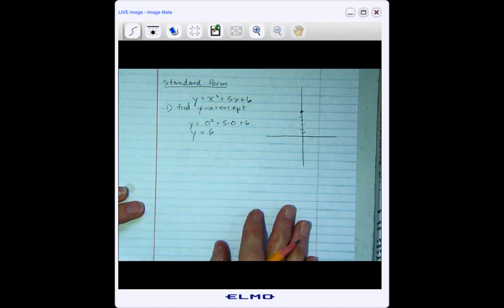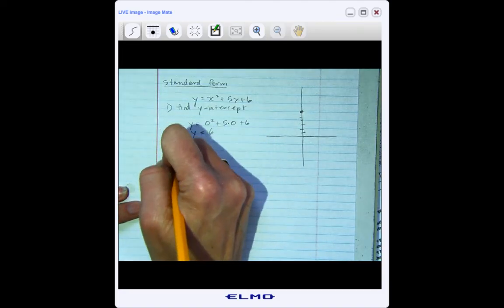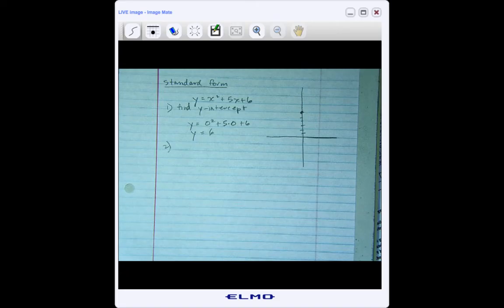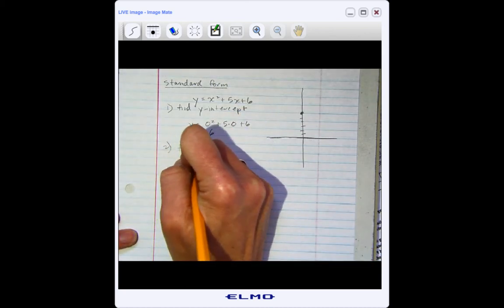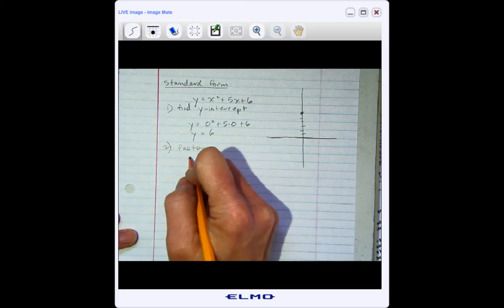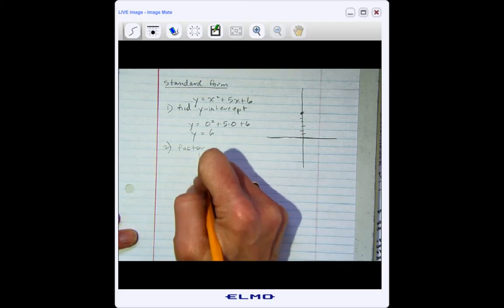Okay, all right, so next I want to try and find my x-intercepts. And if it's in standard form, the only way that we can get the x-intercepts, well, I shouldn't say only way. One way that we might want to try first is to try and factor, because then I can get them by using the zero product property.